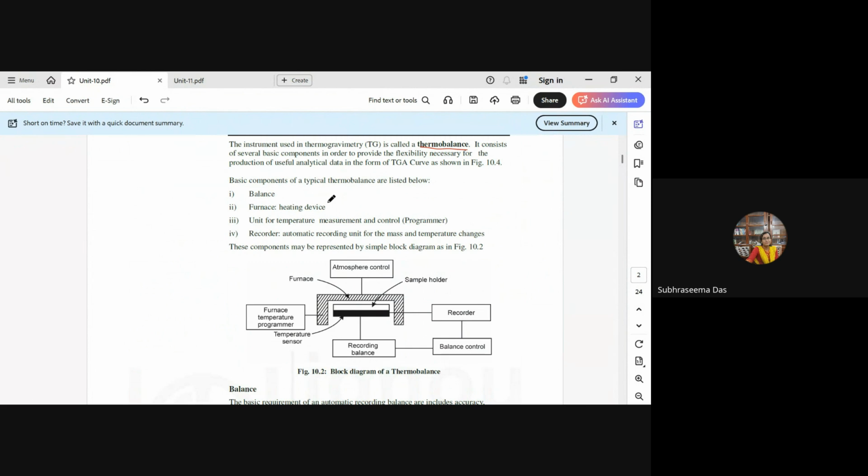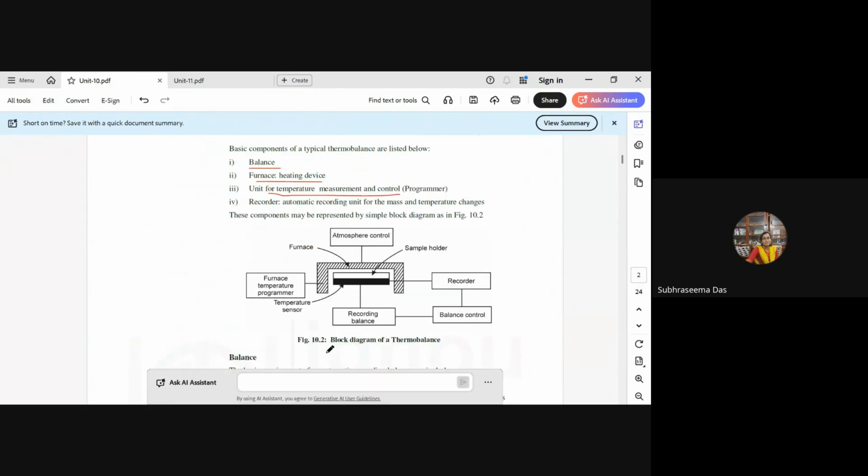The basic components of a typical thermobalance are a balance, a furnace that is used for heating, a programmer, which is the unit for maintaining the temperature, and a recorder, which records the changes in mass with respect to temperature. In figure 10.2, you can see the block diagram of a thermobalance, and how the arrangement is made inside the TG instrument.